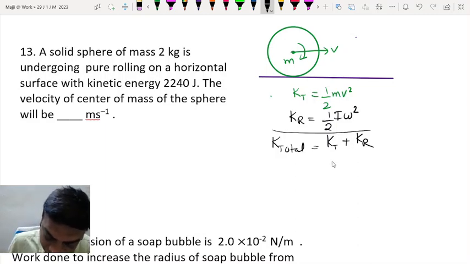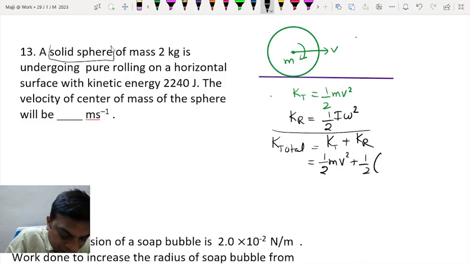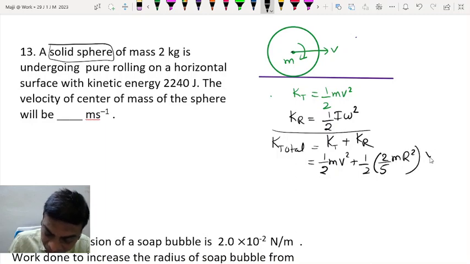So total kinetic energy is translatory kinetic energy plus rotational kinetic energy. That is how we calculate: half mv square plus half I omega square. Since it's a solid sphere, the moment of inertia about its diameter is 2 by 5 mr square, and omega can be written as v by r, because we have to find the velocity of center of mass.